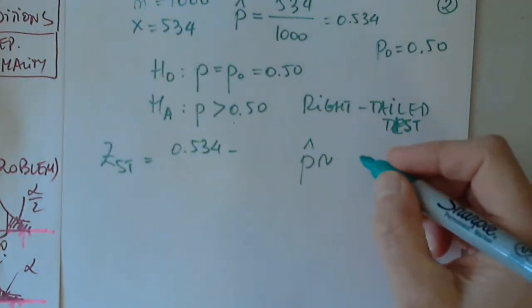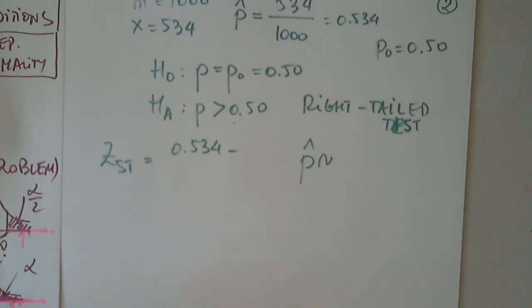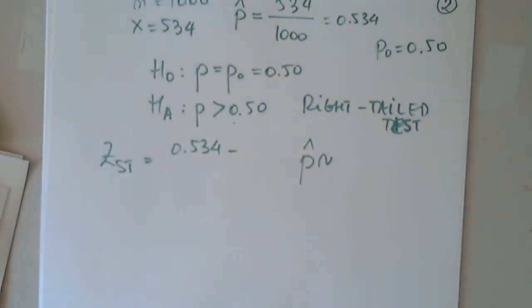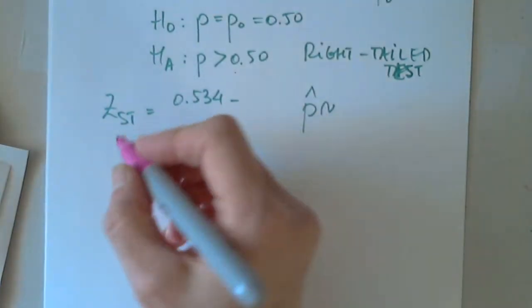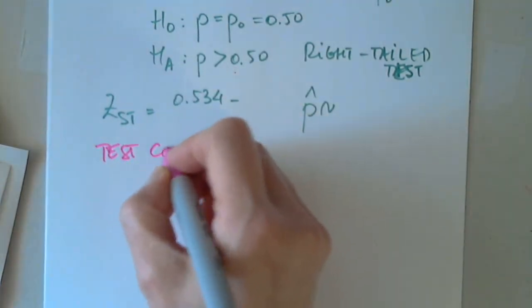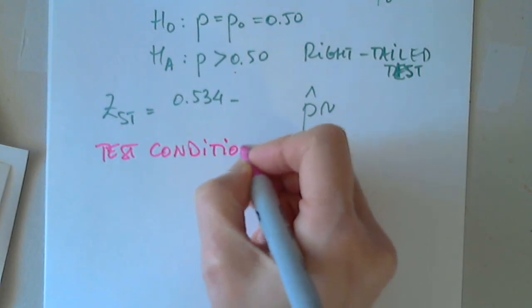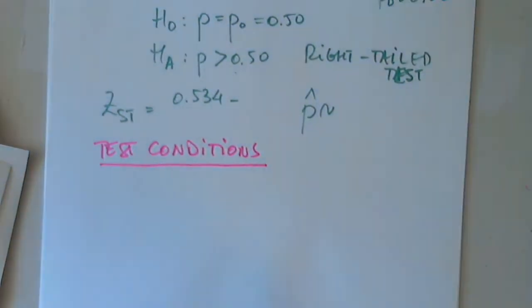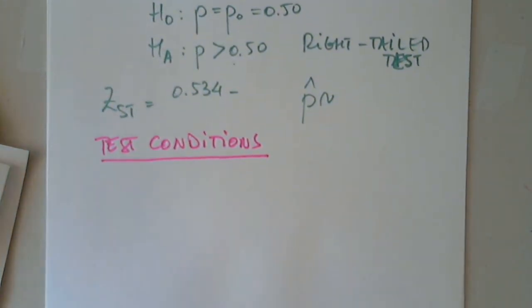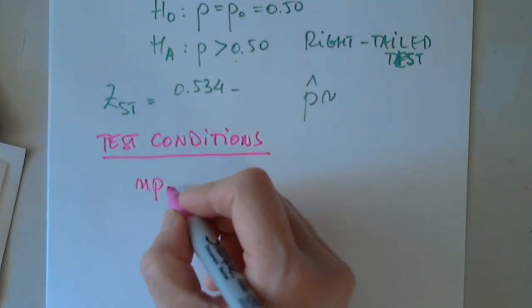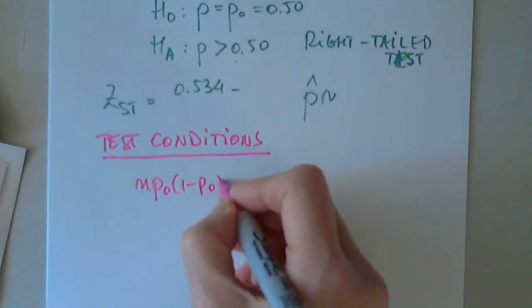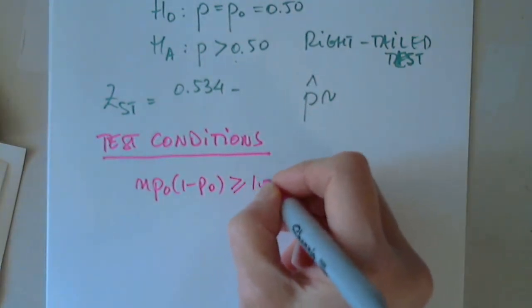I'm rushing, and I don't have to. Sorry, we have to test the conditions first. The conditions are that n times p0 times 1 minus p0 has to be greater than or equal to 10.